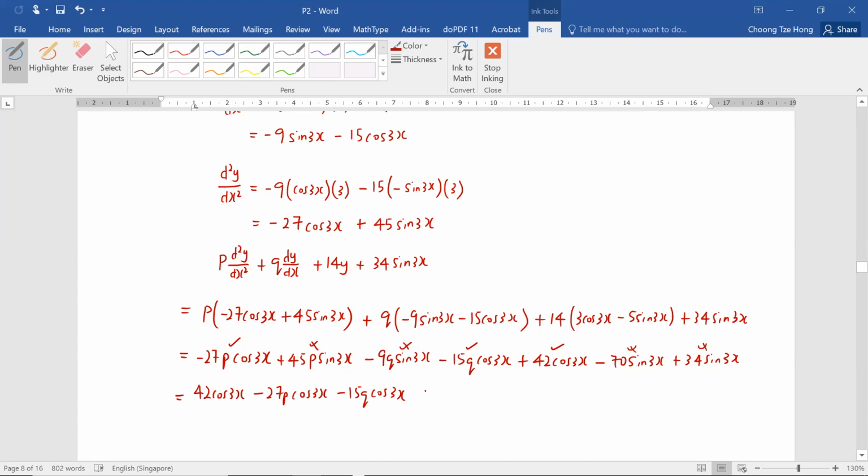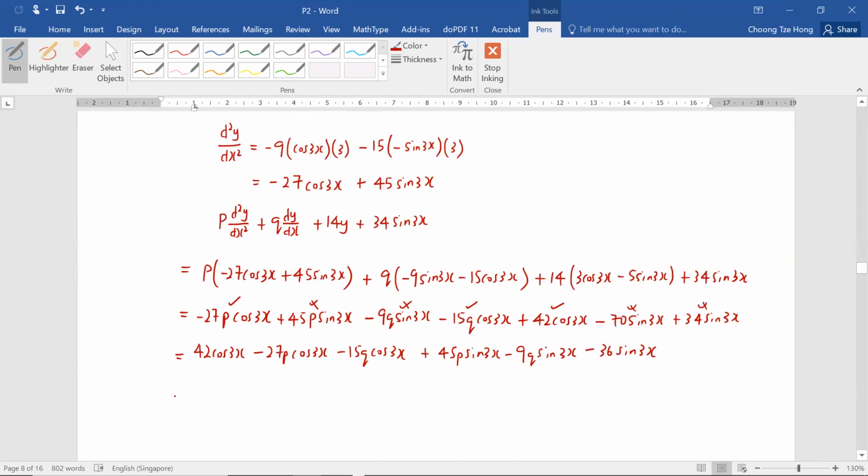So we will have a 45p sine 3x minus 9q sine 3x, minus 70 plus 34, that will be negative 36. Right, so we'll get this.